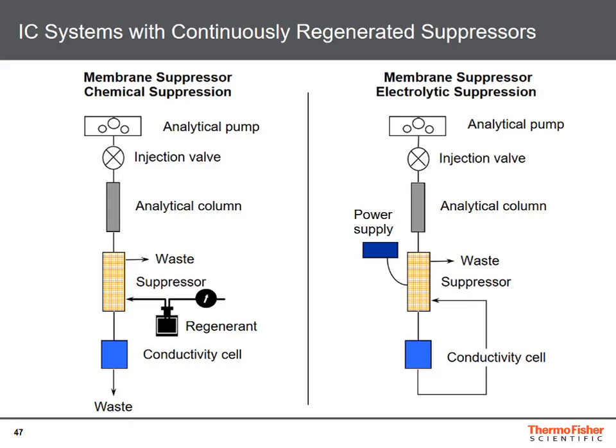The advantage of this setup is simply ease of use. Whenever you're switching on this system, everything works. If you switch it off in the evening, everything stops. Very easy to use, but the lifetime of such a device is smaller than the lifetime of chemically regenerated suppressors.